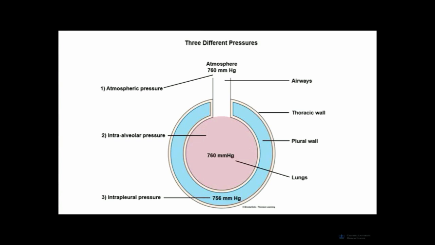And the greater the increase in volume of the thoracic cavity, the greater the increase in volume in the lungs, and the more we drop the pressure and the more airflow we can get. And then when we exhale, we shrink the thoracic cavity volume, which will cause the lung volume to shrink, the pressure to go up, and then air will flow out.